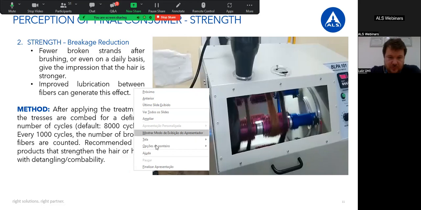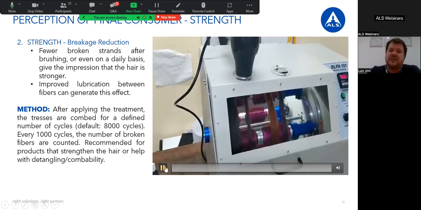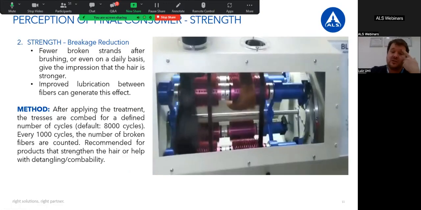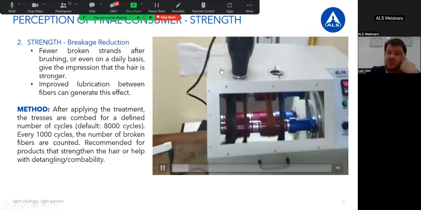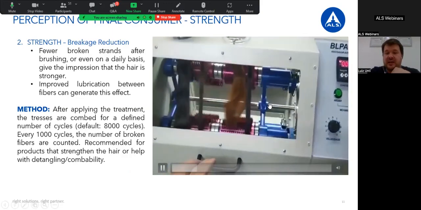I'm going to show you some video of it. So we do have this method here at the lab where we do some repeated combing. So we put the tresses inside the machine, use a blow dryer, and count how many cycles we have.